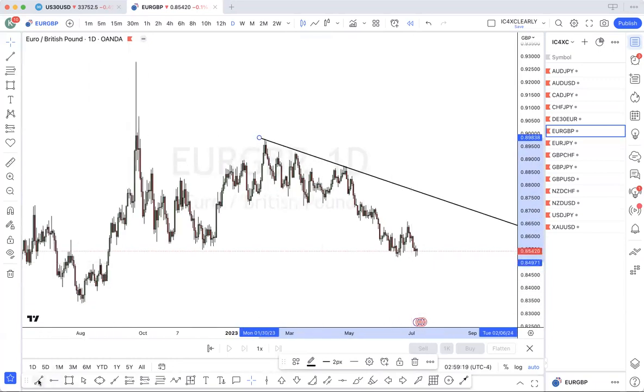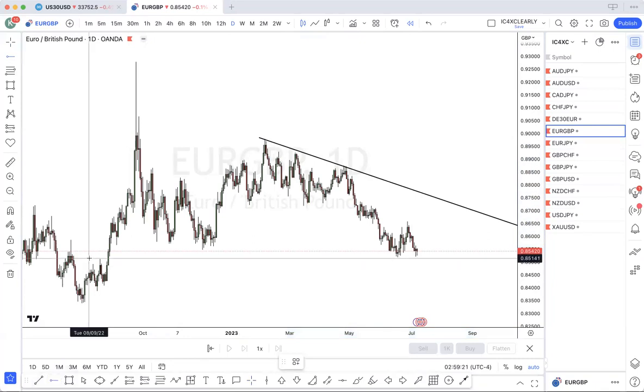So price could come and retest the break, this break, or fill in this imbalance, but I'm gonna just put it here.